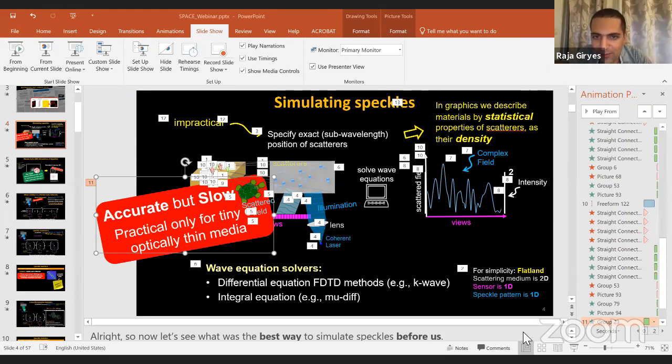I want to ask that while calculating the tissue optical properties, how do these speckle statistics help? Yeah, so again, I'm not sure if I fully understand, but with speckle statistics, for example, you can compute the optical depth of the material.